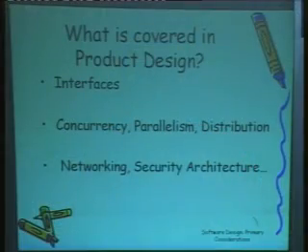The functional are those related to the semantics of the data and the operations on the data, and then there are non-functional requirements such as distribution, parallelism, your networking architecture, and security: how you are going to allow users to log in, what the encryption mechanism is, and so on. So all aspects of software development should be considered in the design process as well.